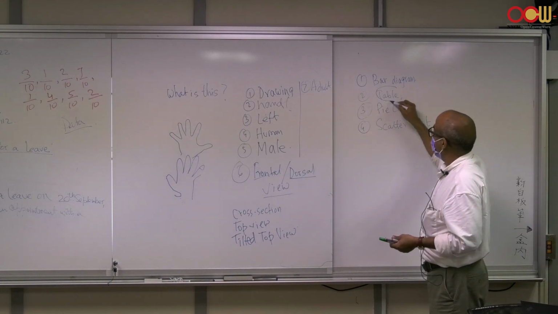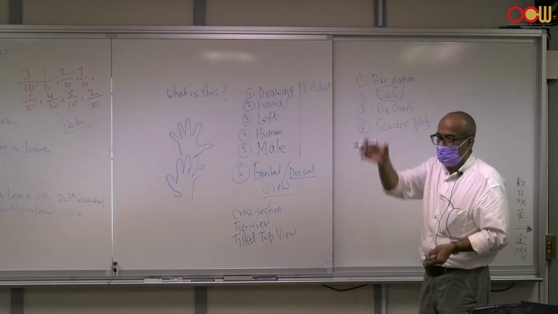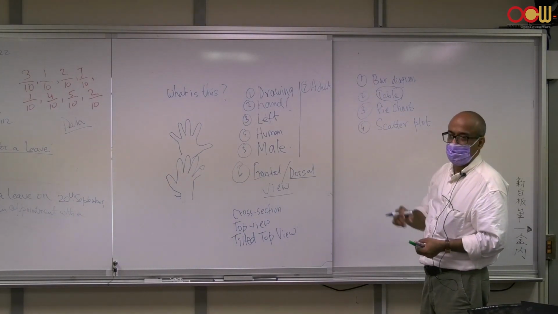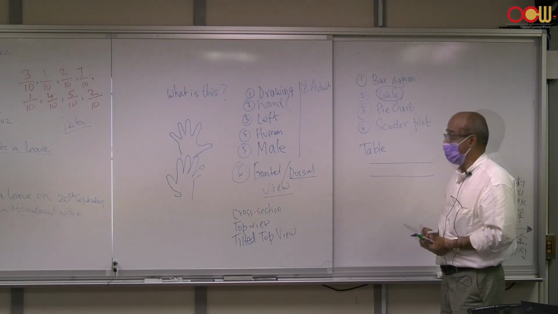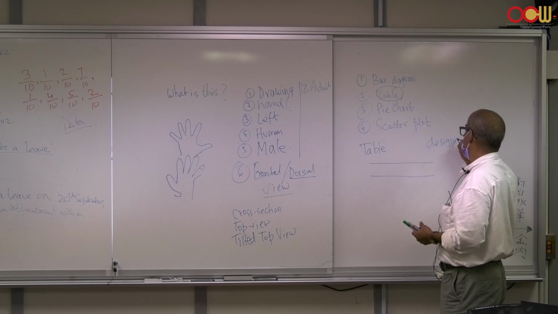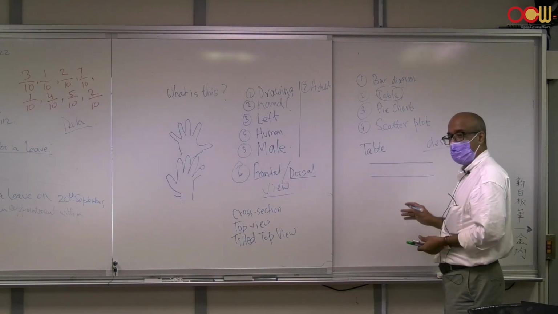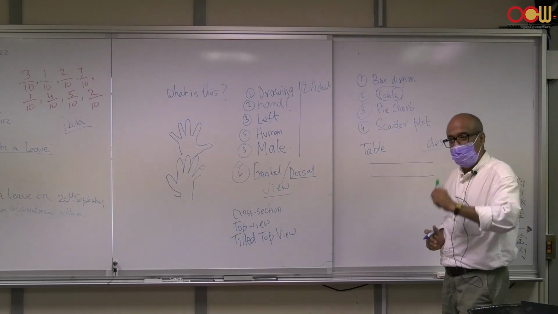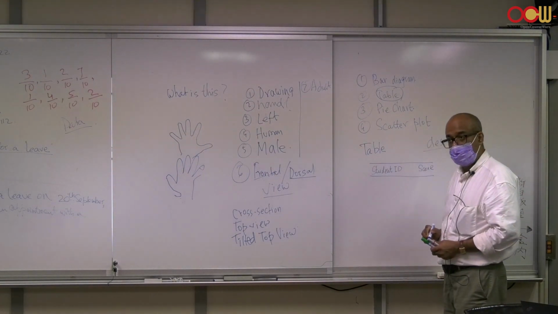So let's say table. If I want to make a table, how many columns and how many rows should I do? When I do this, this is called designing. I am designing a table. I am thinking how many columns I should make.